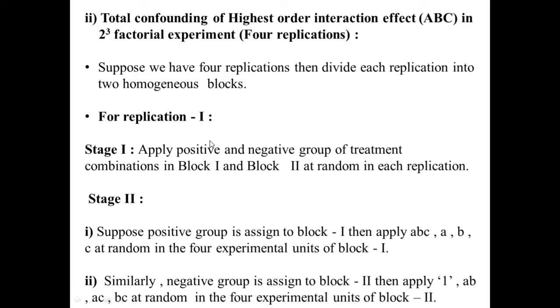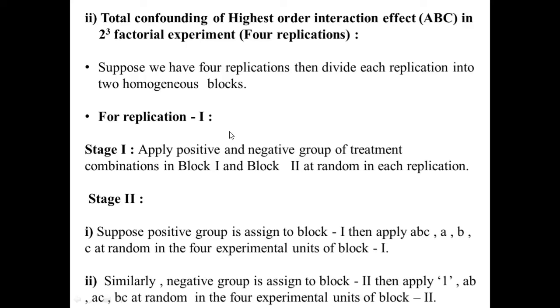So if we consider replication 1, in a 2^3 factorial experiment we have 8 treatment combinations. In that we have 4 positive treatment combinations and 4 negative treatment combinations. So each replication is divided into 2 homogeneous blocks, and each block is divided into 4 experimental units.